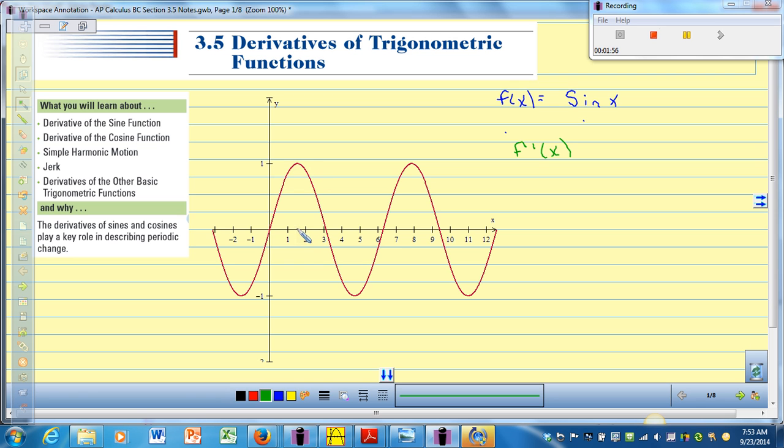So somewhere around here, and somewhere around here. And then let's look to the left and right, we also would have one. Sorry, I have one more here.